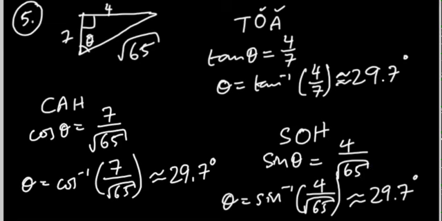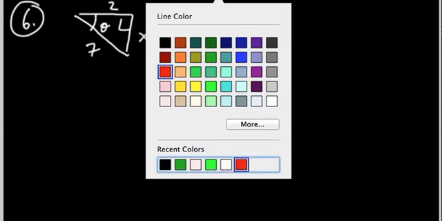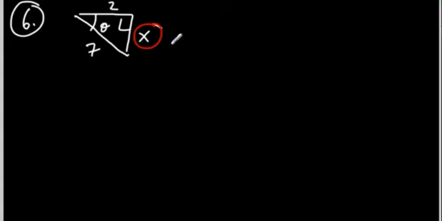Okay, last question, and then we should be good to go. All right, number 6. We have theta over here, we have x, we have 2, and we have 7. Now, I drew the x just to make sure you understand that you don't actually need to solve for x, because we have the adjacent and we have the hypotenuse. One more thing, this is a right angle triangle. We can solve for x if we want to, but it doesn't make a difference because we've got an adjacent and a hypotenuse.